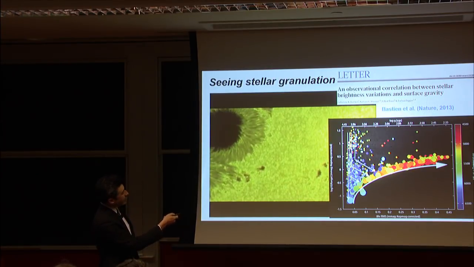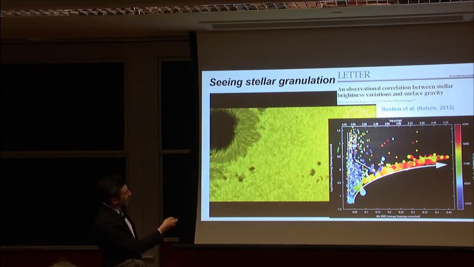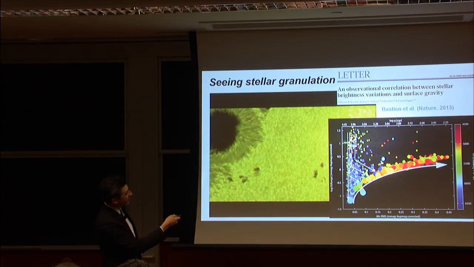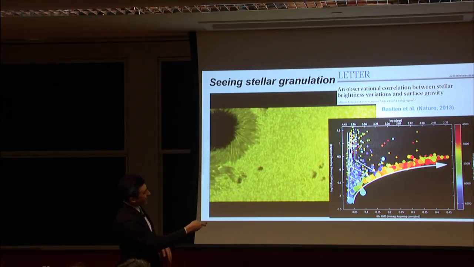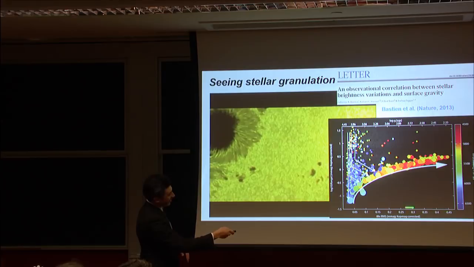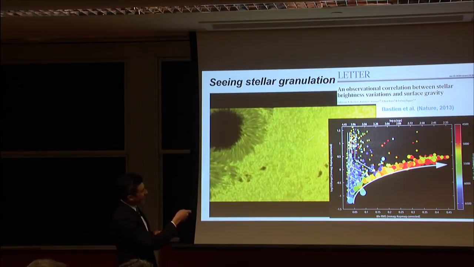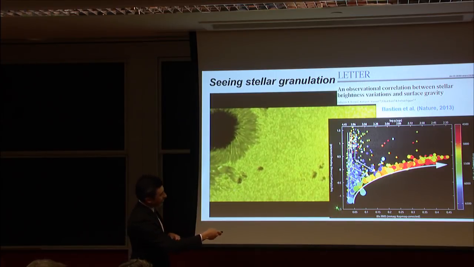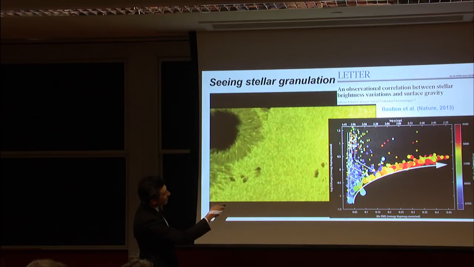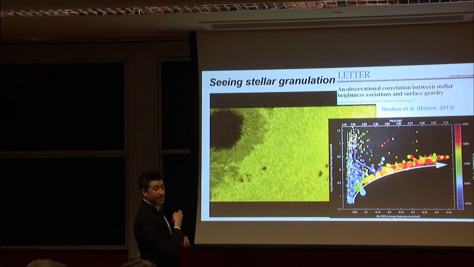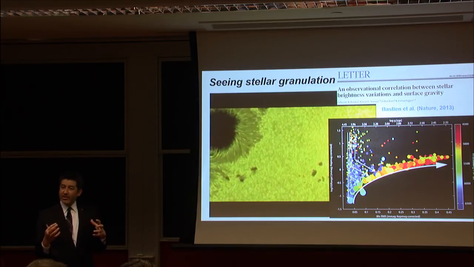this is a diagram showing the overall amplitude of photometric variability in Kepler stars. Some stars have large photometric variations, but on this axis is the measure, on a particular time scale, of the granulation noise, and that granulation noise amplitude correlates beautifully with the stellar surface gravity. The reason for this is actually easy to understand.